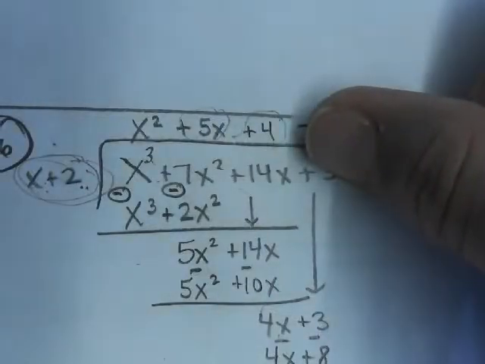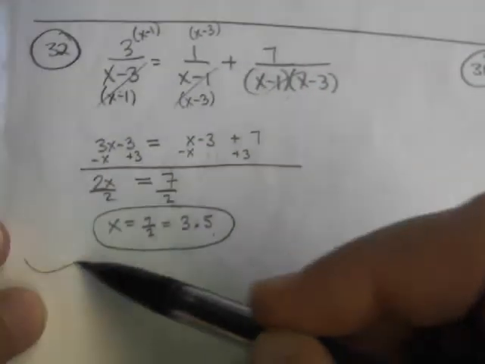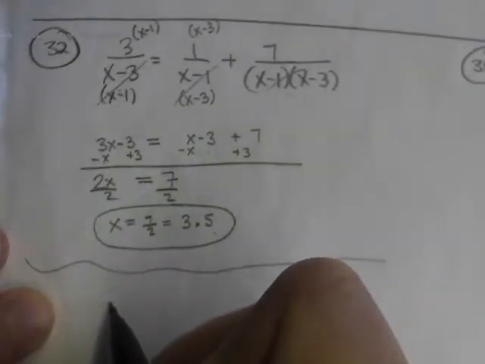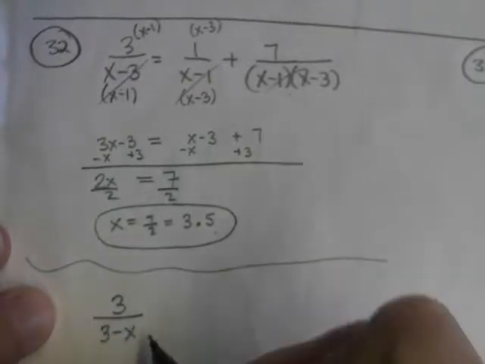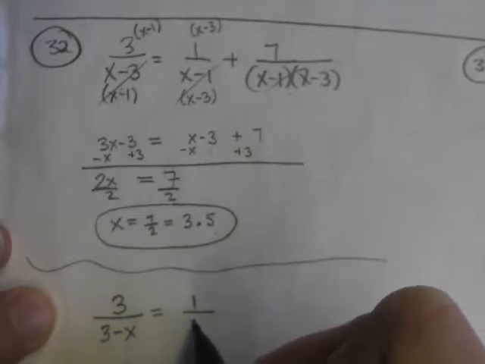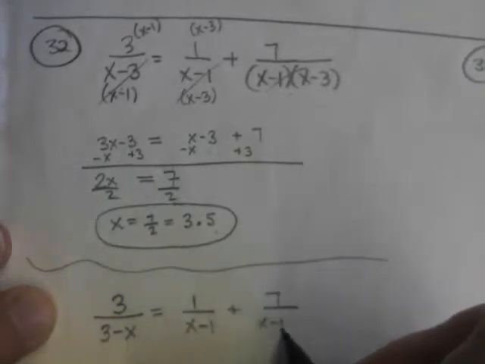Underneath 32, going back here a second, I want you to write a new example. I want you to write 3 over 3 minus x equals 1 over x minus 1 plus 7 over x minus 1 times x minus 3.